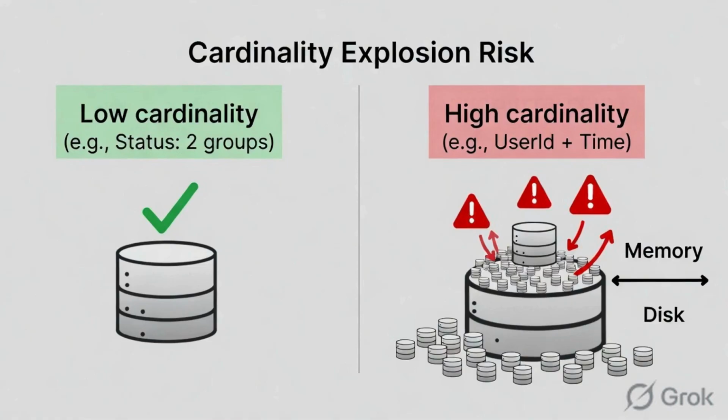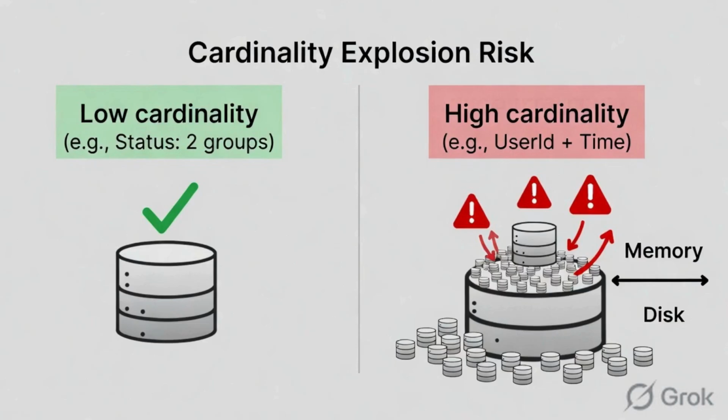On the right, high cardinality, grouping by something explosive like user ID plus exact timestamp. Watch the hash table literally explode. Millions of unique combinations mean millions of buckets. Red warning icon lights up, memory fills up fast, and you see those spill arrows dumping overflow to disk. Slow, painful, and can crash the query.